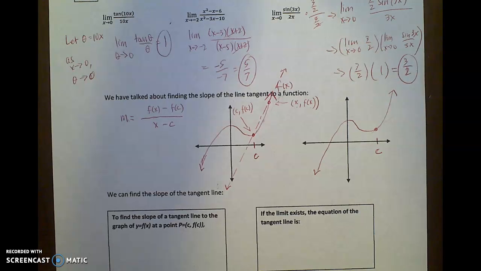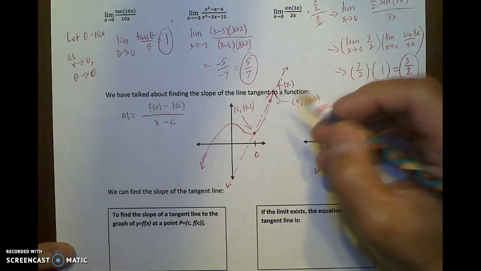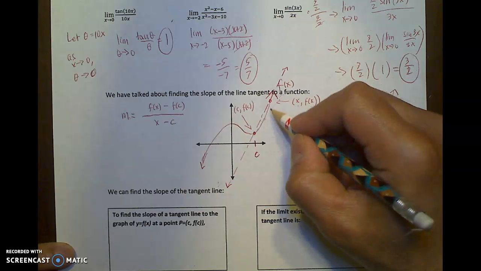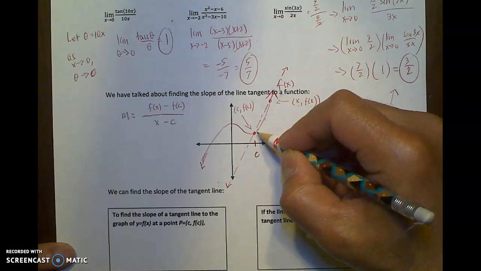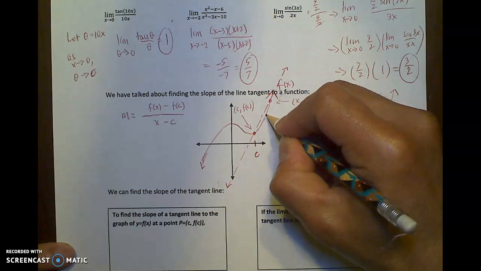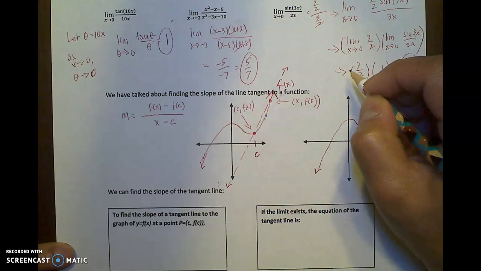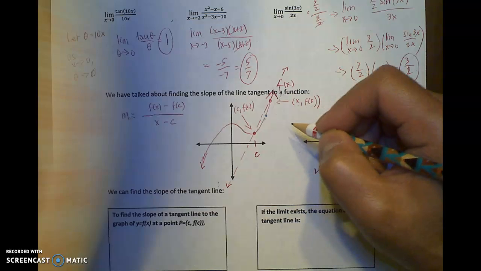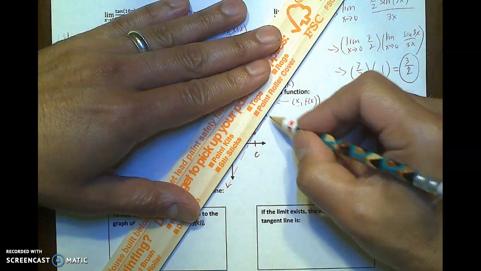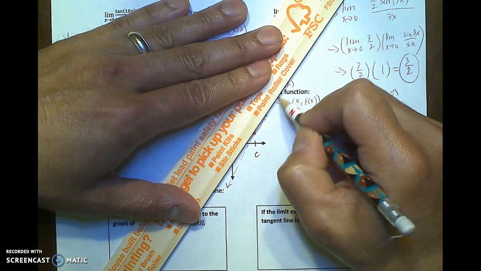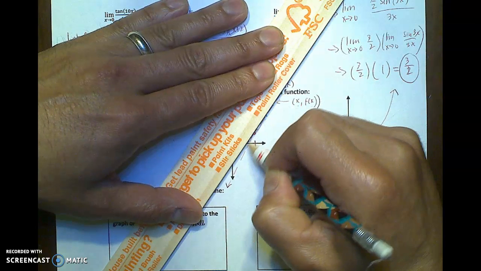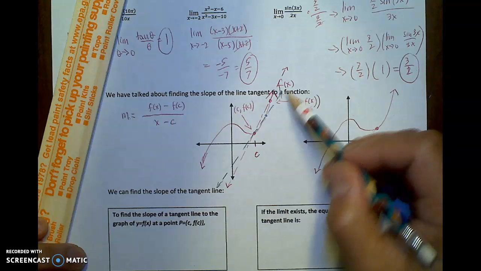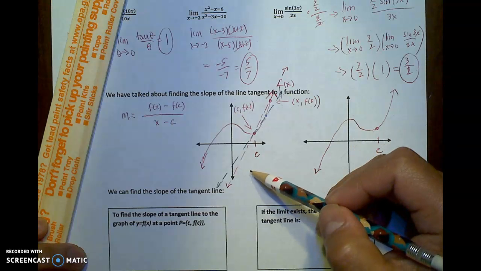Now you want to notice that if I were to pick a different x value, one where I am getting closer and closer to c, say this point right here, my new x, f of x point, and I connect that point with my c point, you can see that the slope of my secant line is changing.